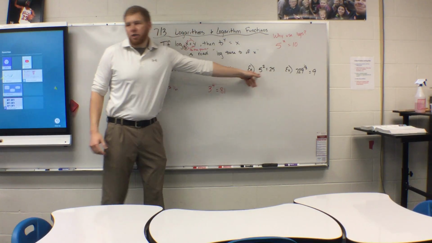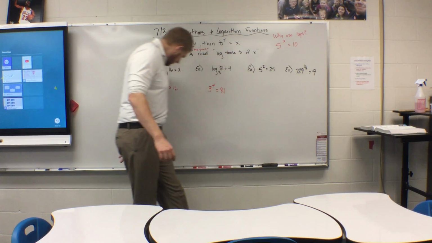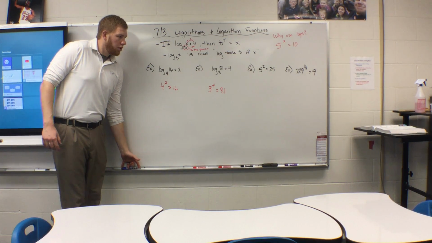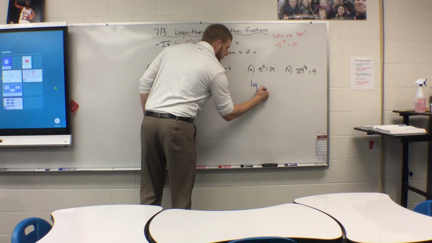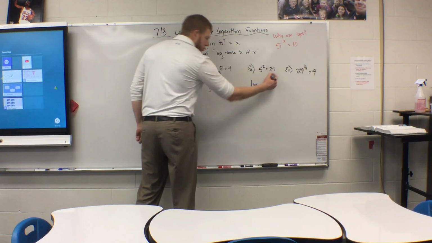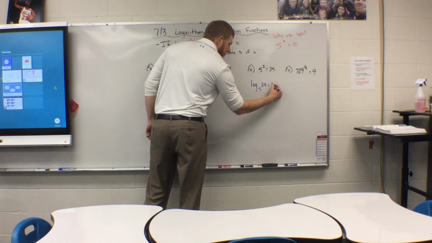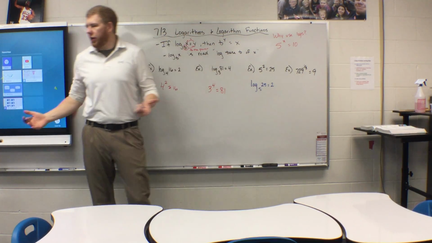Write this exponential function as a logarithm. So we're going to say log base what? 5 of 25 equals 2. And again, we go backwards: 5 squared equals 25.